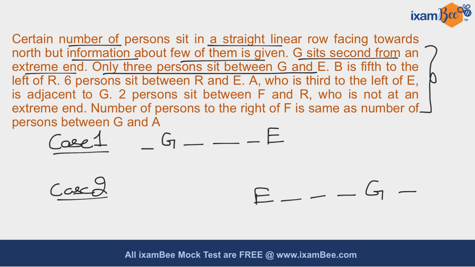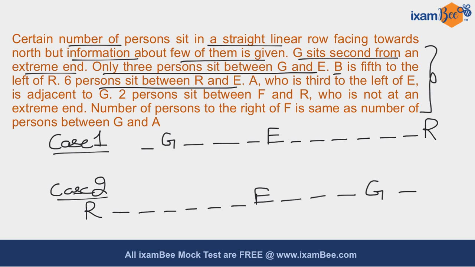Now it is given that 6 persons sit between R and E. So accordingly you can draw your diagram. You have to place 6 persons between R and E. So here is your R, and in the second case you have to place 6 persons between your R and E. So this is your second case.